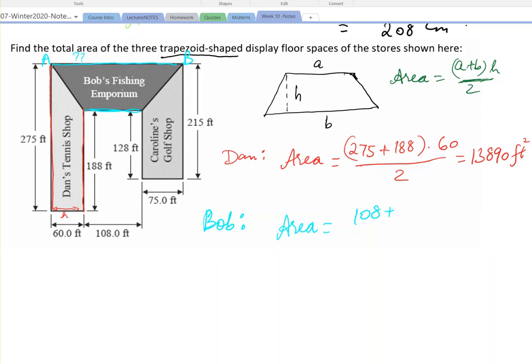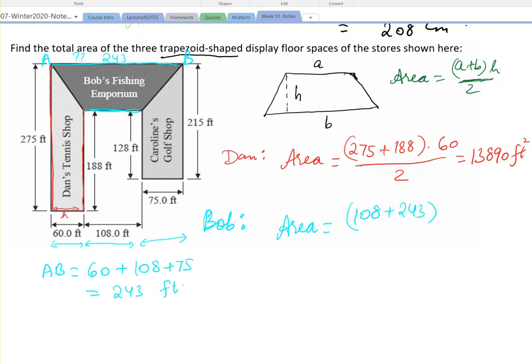From the diagram, you can see that AB is equal to the sum of 60 plus 108 plus 75. So 60 plus 108 plus 75, and we got 243 feet. So the other side would be 243.